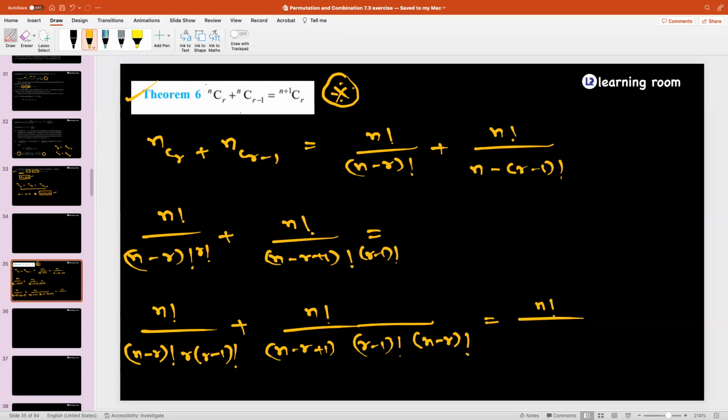This is equal to n factorial divided by (n minus r) factorial into (r minus 1) factorial, into 1 by r plus 1 by (n minus r plus 1).